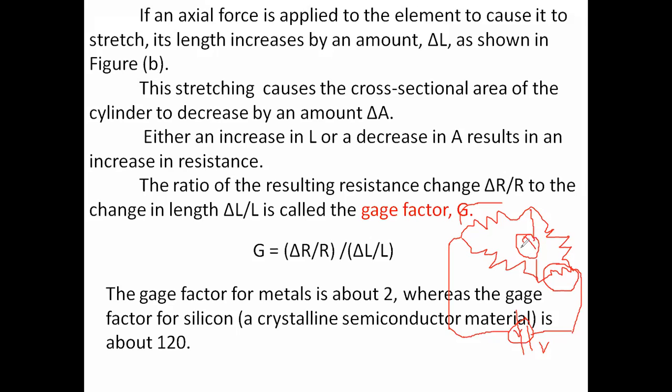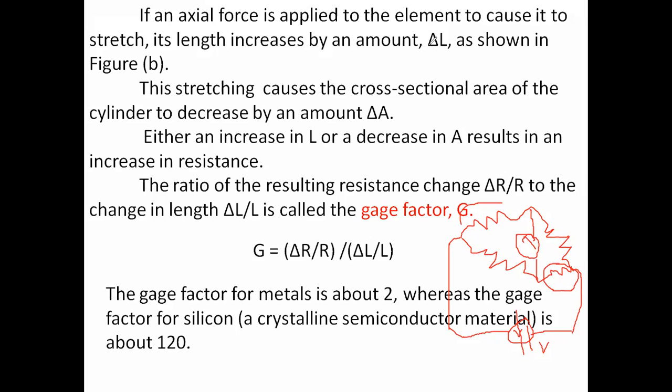That variation will indicate how much current is produced, and that meter will be calibrated in terms of the applied strain. So like this, we can measure the variation of the resistance in terms of the strain.